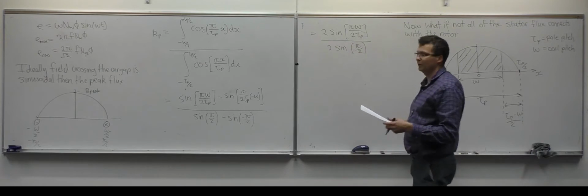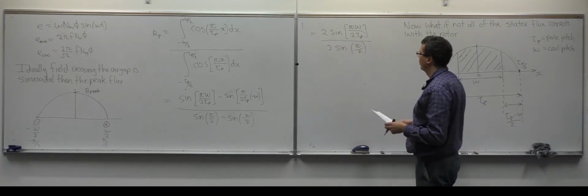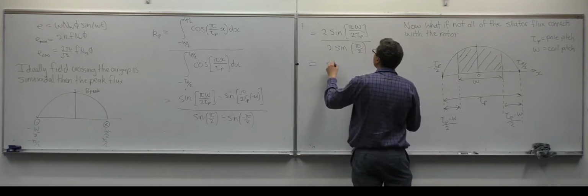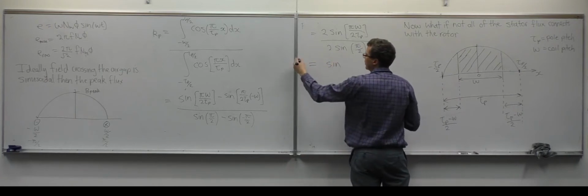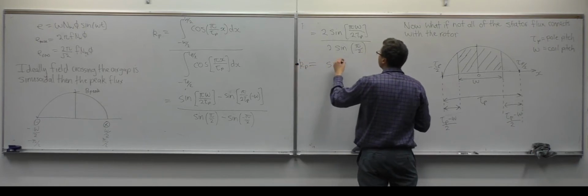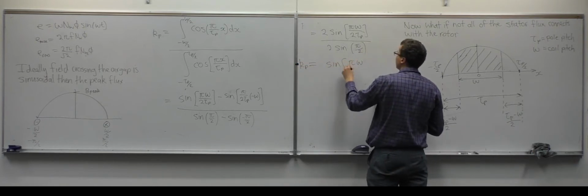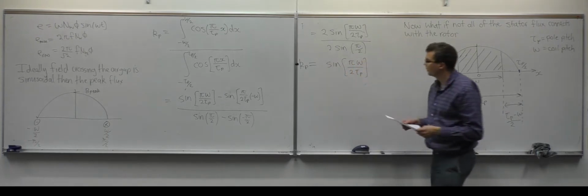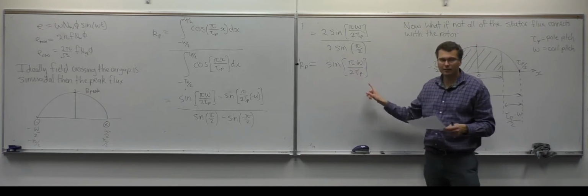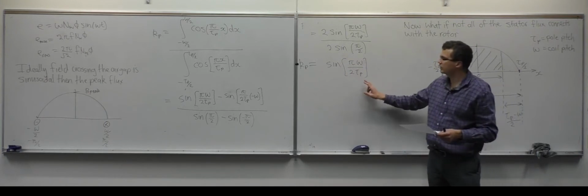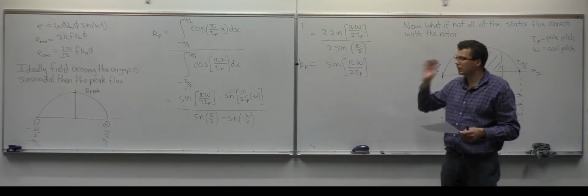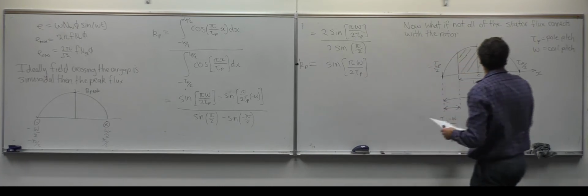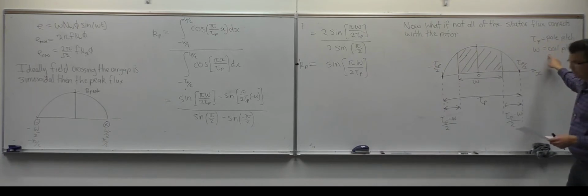Sine pi over 2 is commonly known as 1. So then we finally get, remember, this is the pitch factor: sine pi W divided by 2 TP. Okay. So that's for the ideal case where we've got a difference between the pole pitch and the coil pitch.